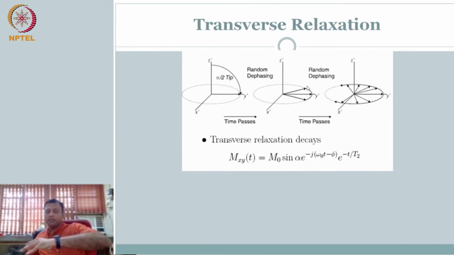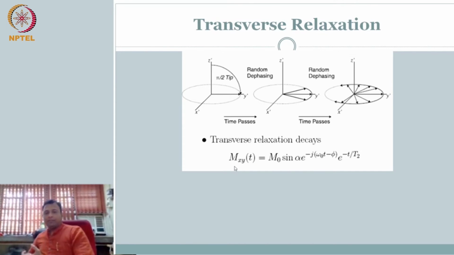The coherence, the signal starts to go down, because remember, this is the magnetization that is giving you the signal, the transverse Mxy of t. If you allow some more time, full dephasing happens, and the Mxy component eventually goes to 0. So that is your transverse relaxation decay.